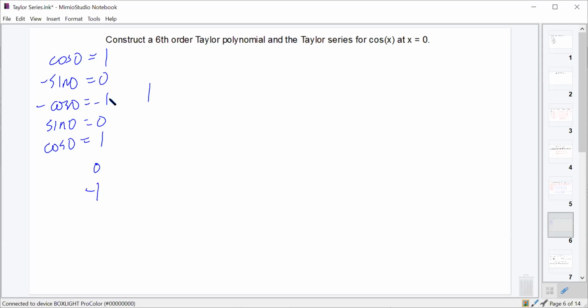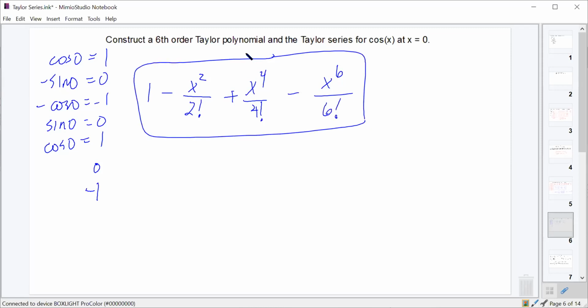And then we should get a minus x squared over 2 factorial. Our x cubed term should have been 0, but our x to the 4th term should have been plus x to the 4th over 4 factorial. Our x to the 5th term should have been 0, and our x to the 6th term should have been minus x to the 6th over 6 factorial. Everybody agree with that?